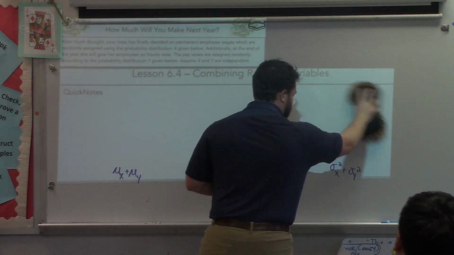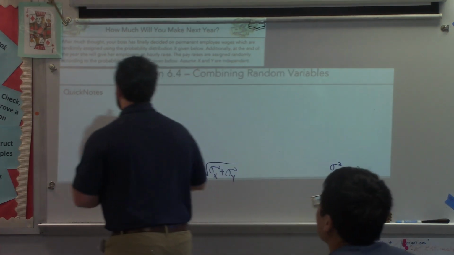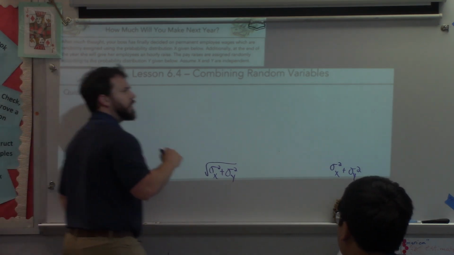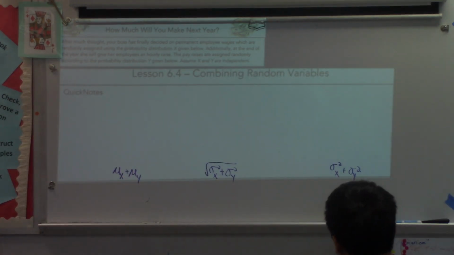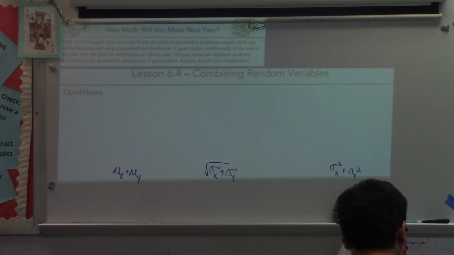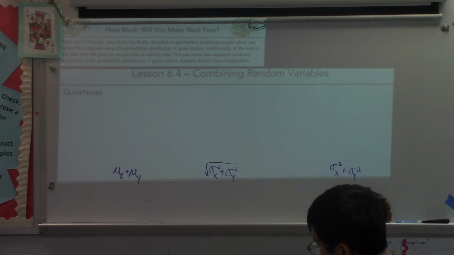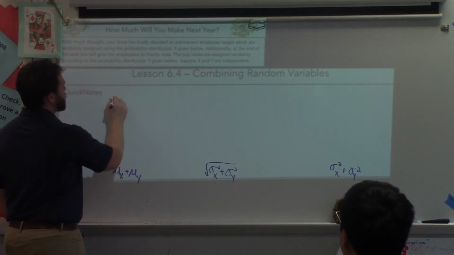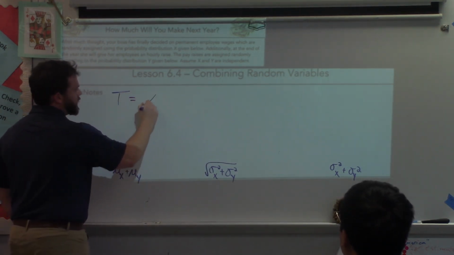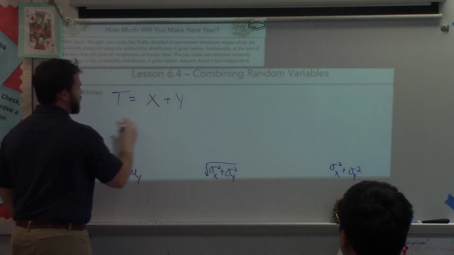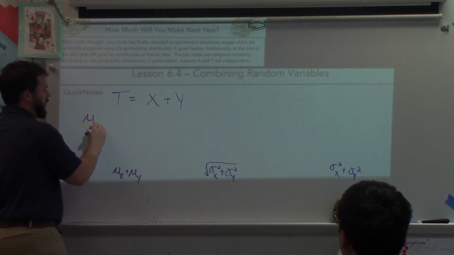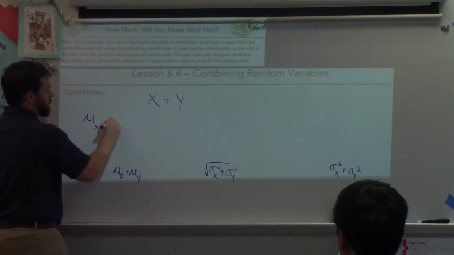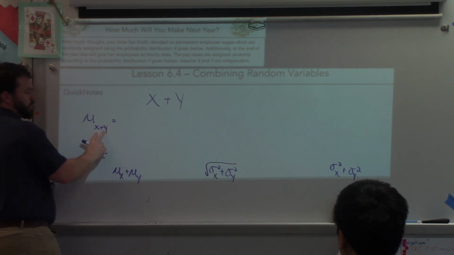So first things first, I do want to address this. Let's say T for total is equal to X plus Y. The mean of X plus Y, notice how that's just the sum of the two random variables.